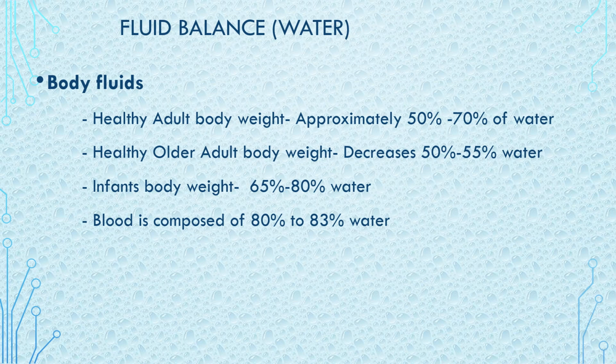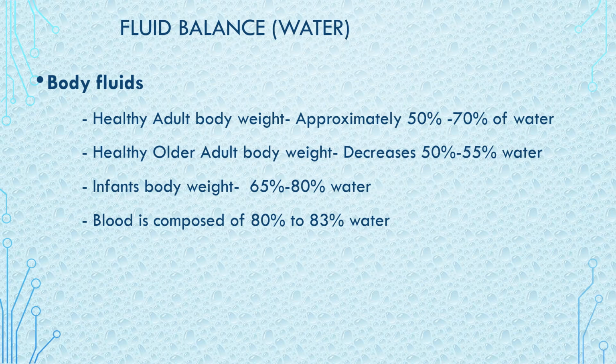Body water varies. It depends on age and gender. For example, a male has a higher percentage of body water because they have more muscle. Think about muscle: it actually retains more water.